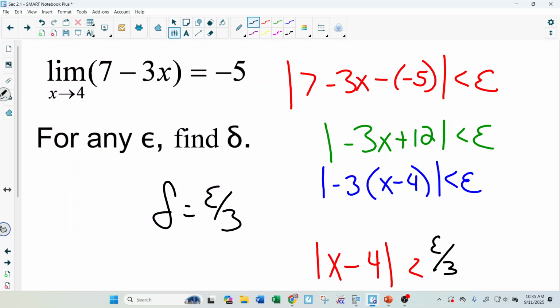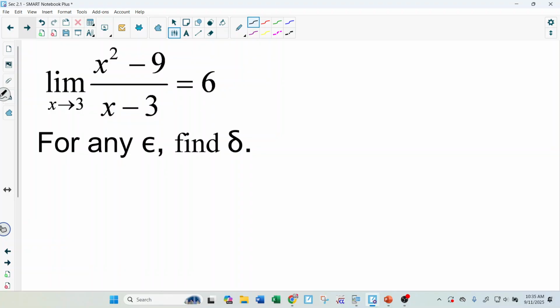All right. Now, we just want to look at some other things that can happen. So I've got another one. The limit of x squared minus 9 over x minus 3 equals 6. First off, notice the limit's getting a little harder. Can you just take 3 and substitute it in?